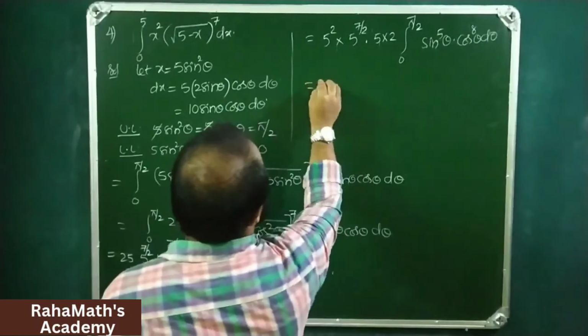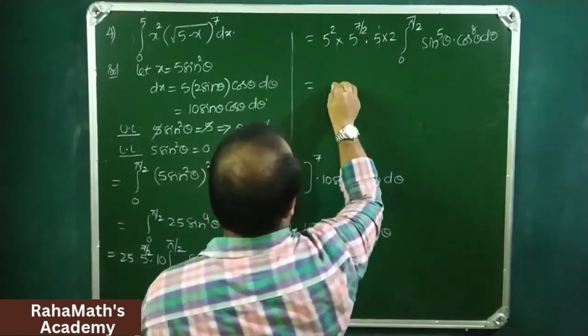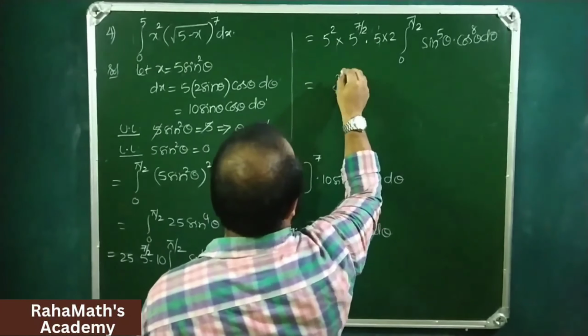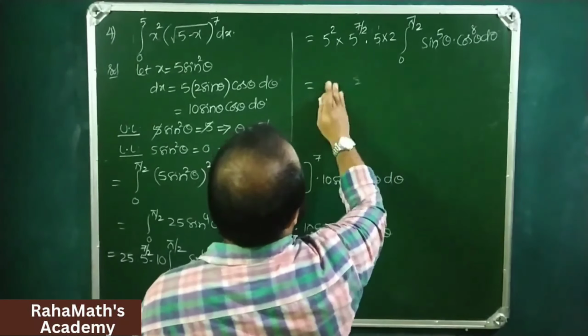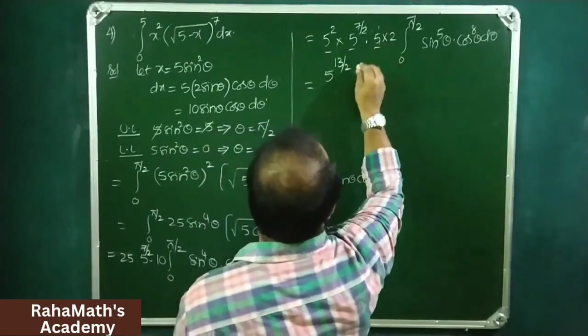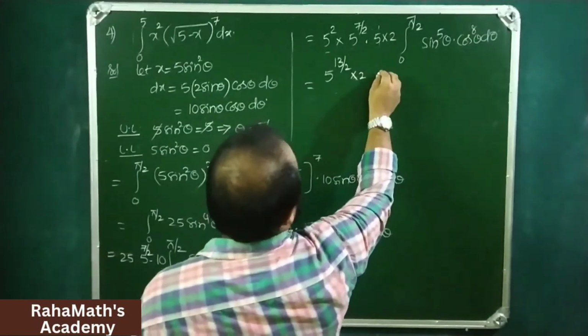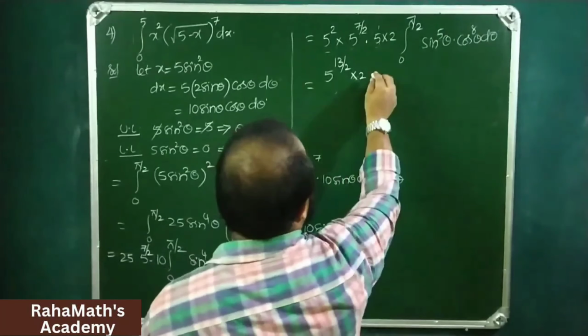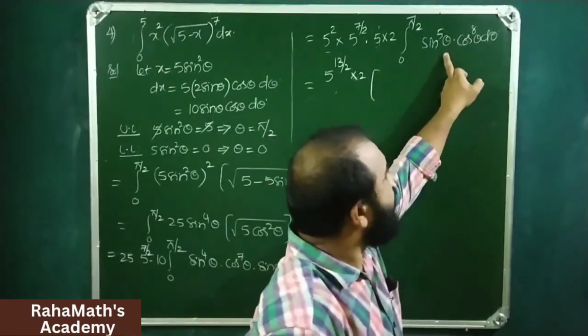So this is 5 power 2 into 5 power 1, so 5 power 2 plus 1 plus 7 by 2, so this is totally 5 power 13 by 2. This and this into 2 times the integral. So here see this, n is even, m is odd.